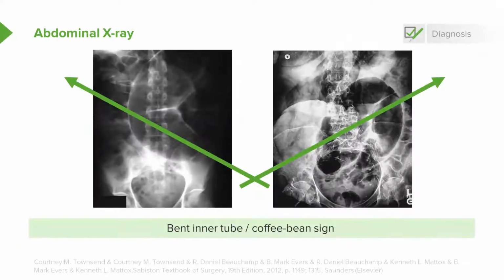There are some characteristic abdominal X-ray findings suggestive of a sigmoid or cecal volvulus, although I would like to caution you that classic findings are rare. Notice these images with the direction of the arrow. If you think of a bent inner tube, you'll have a tube segment of colon that's wrapped in an upside-down U shape.